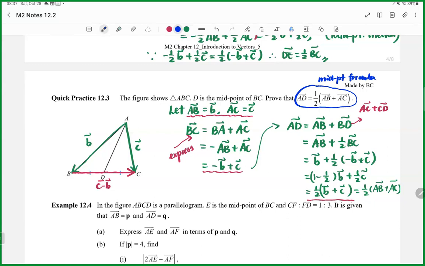It says that the coordinates of D are equal to the coordinates of B plus the coordinates of C, divided by 2. I don't know if you recognize it, but this is what it is. Here A is seen as the origin.